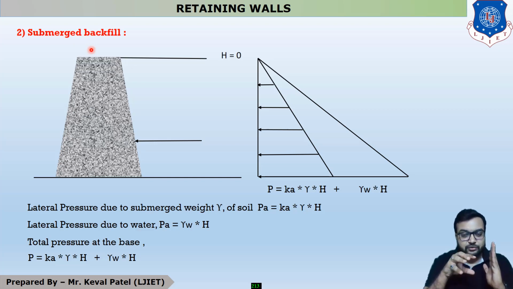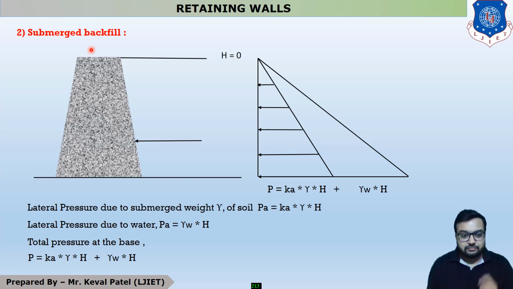Water tries to move the retaining wall to the away side, and similarly the soil components also try to move the retaining wall away. So there are two components trying to push in the away direction: first is soil and second is water.